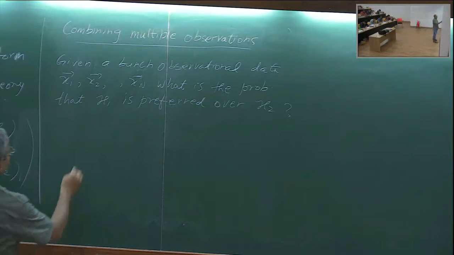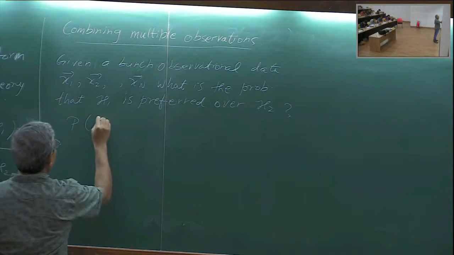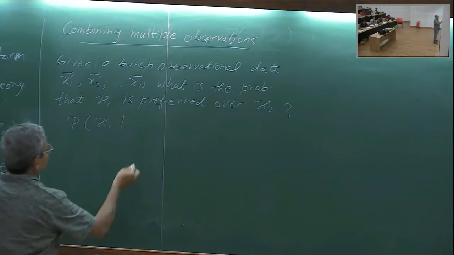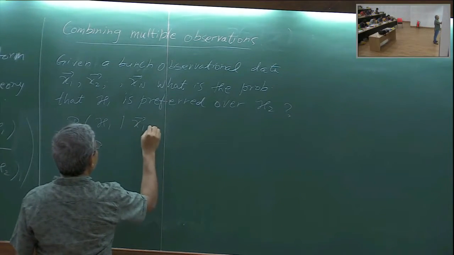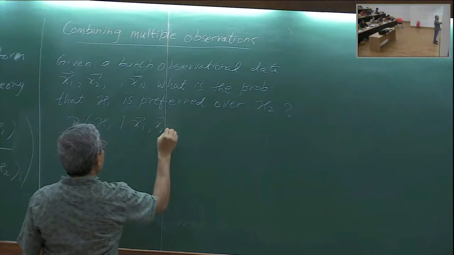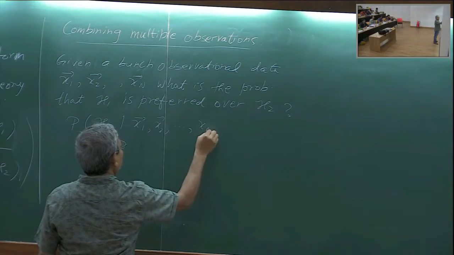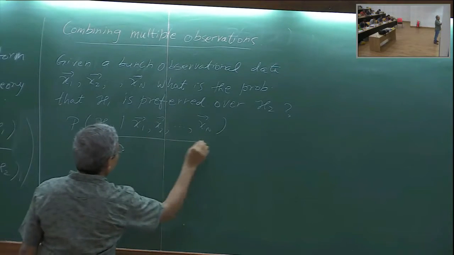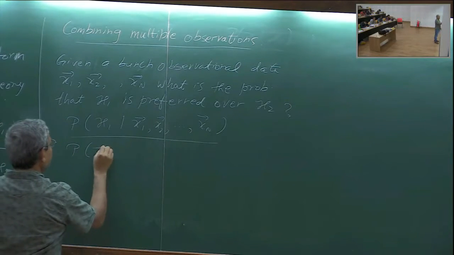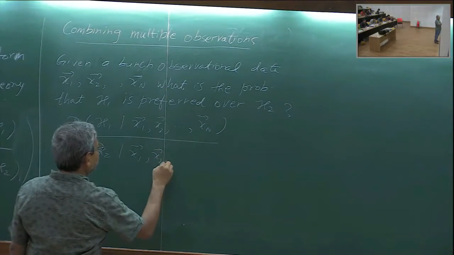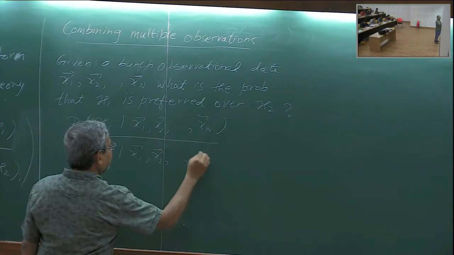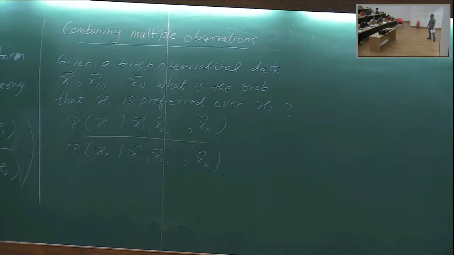You can write that down. P of H1 given x1 to xn, divided by P of H2 given x1, x2, xn. By doing this, I want to show you a very beautiful result that comes out of Bayesian analysis.